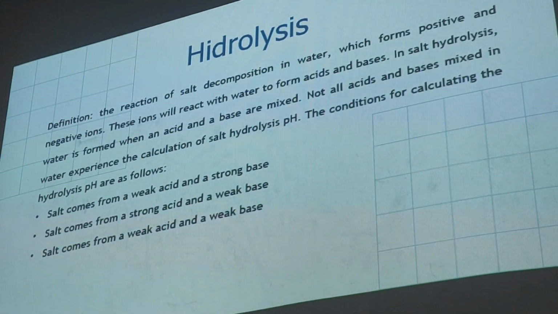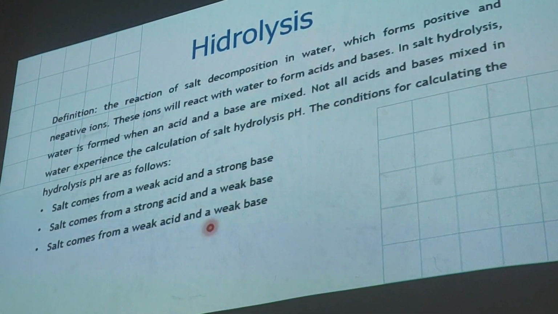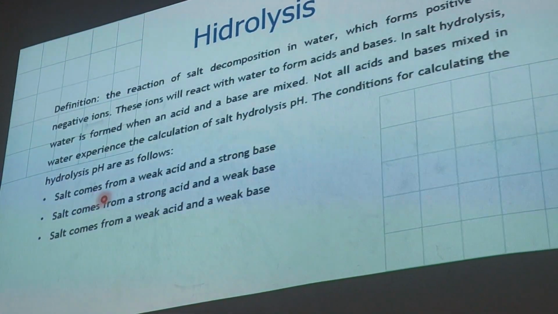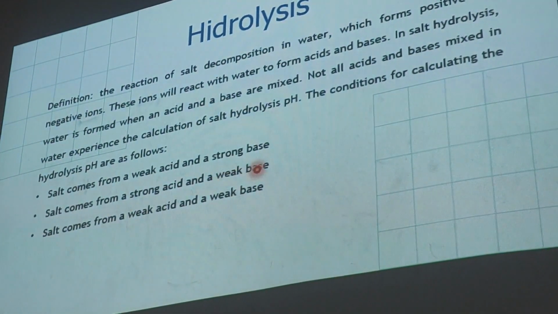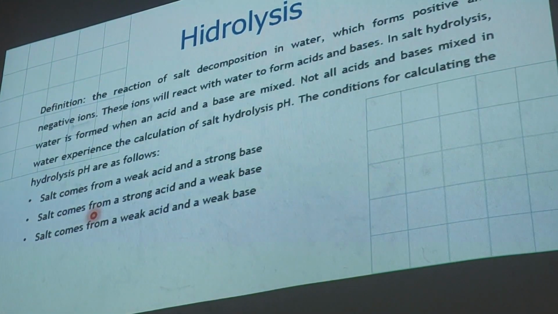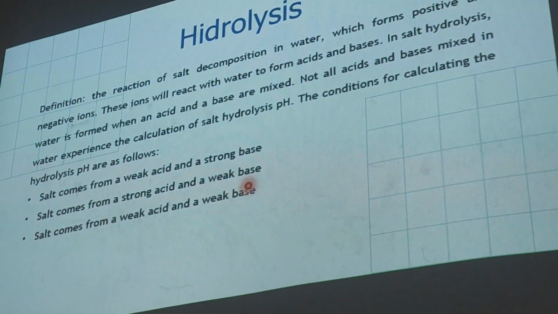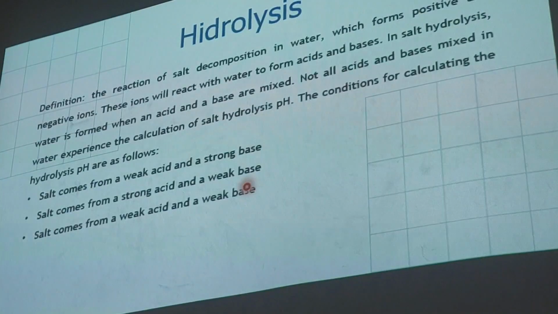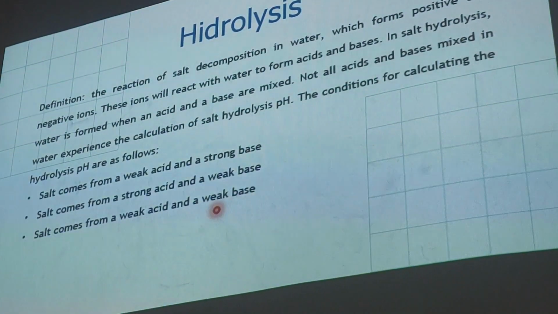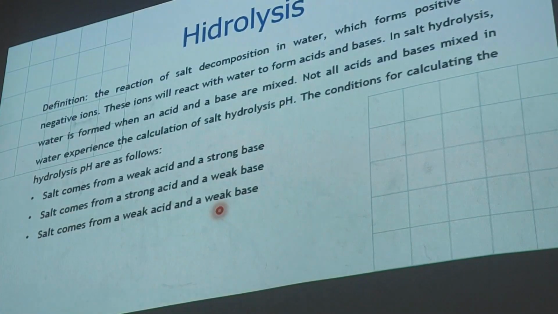But the condition for calculating the hydrolysis pH has this requirement: the salt comes from a weak acid and a strong base, or from a strong acid and a weak base, or a weak acid and a weak base. What about a strong acid and a strong base?